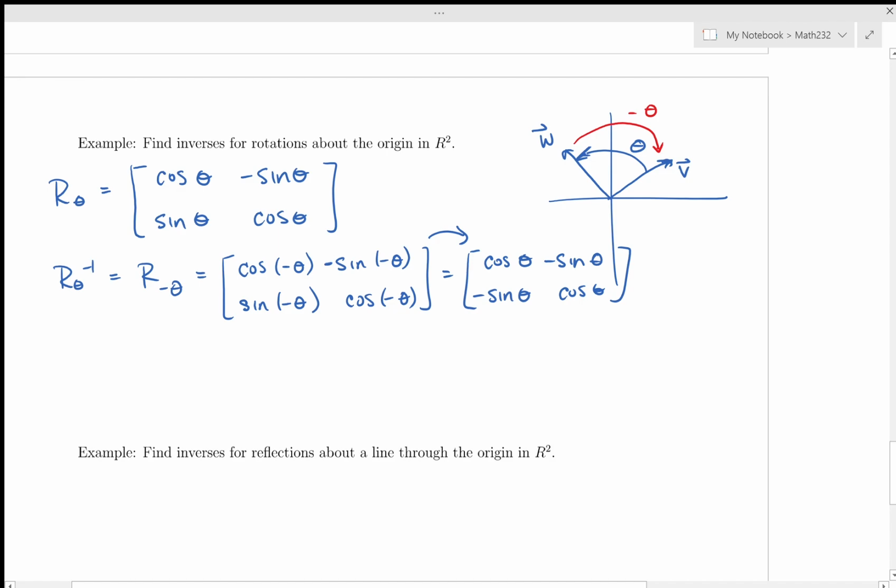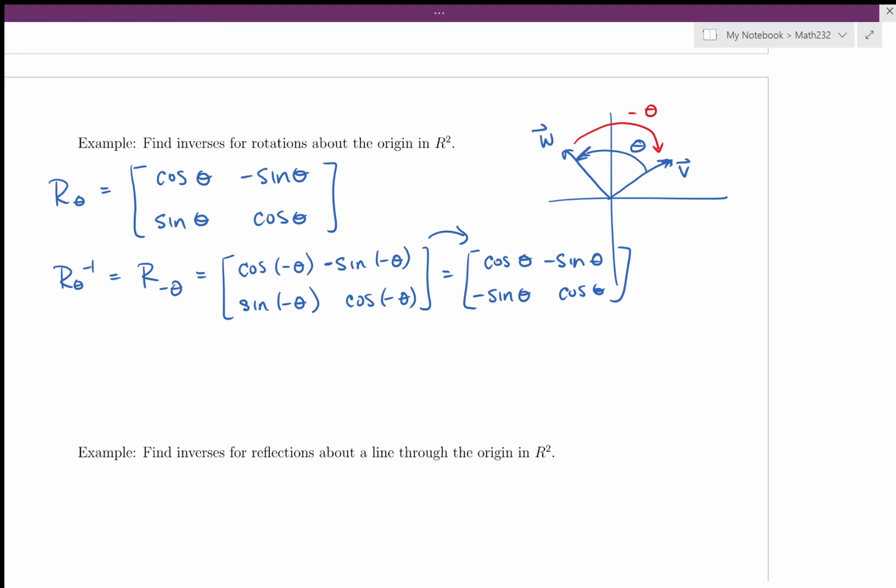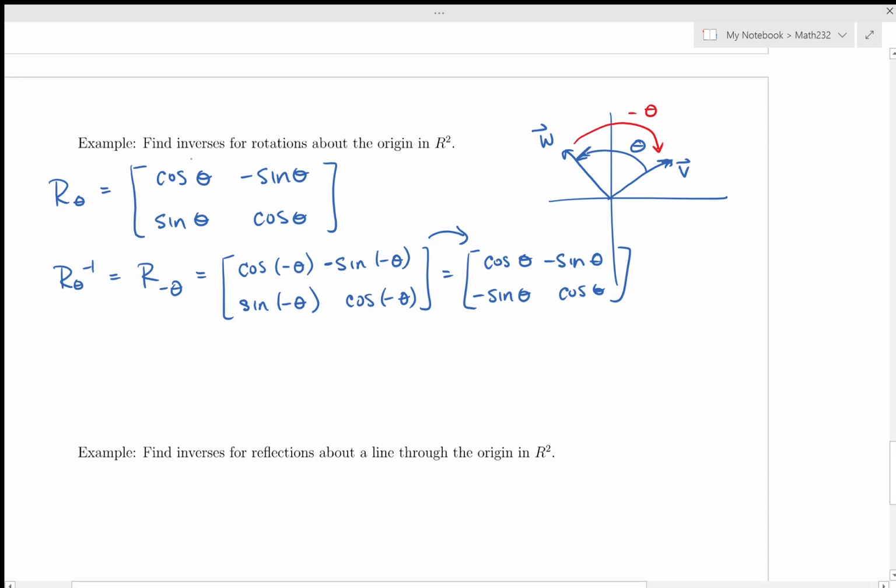Yeah, hang on, I'm substituting in here minus theta. Sorry, I made a mistake. I'm just going to make sure I don't still have a mistake. I'm substituting in minus theta into each one of these. Yeah, I just dropped that negative sign. So now I'm here, minus sine of minus theta, so this thing should be a plus right there. Okay, so I now claim that this thing here is the inverse matrix to this guy here.